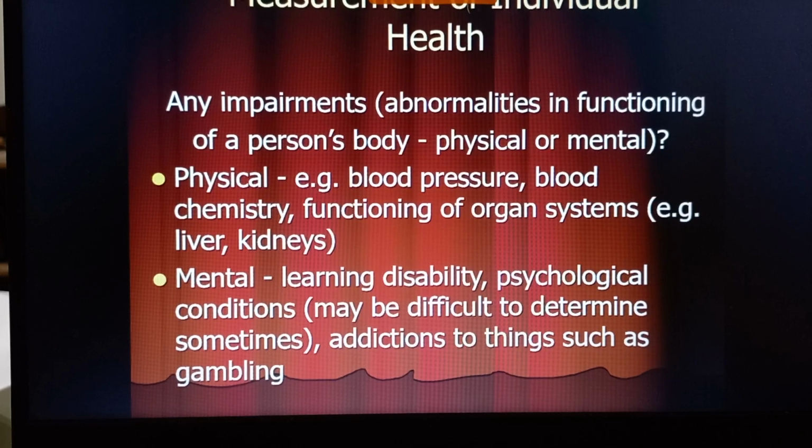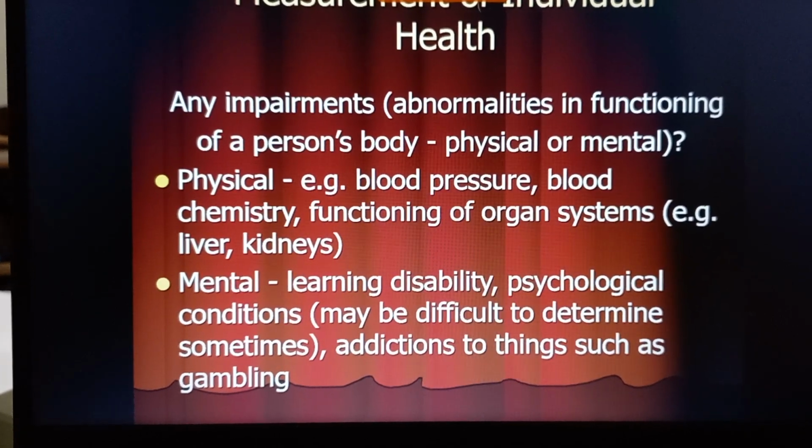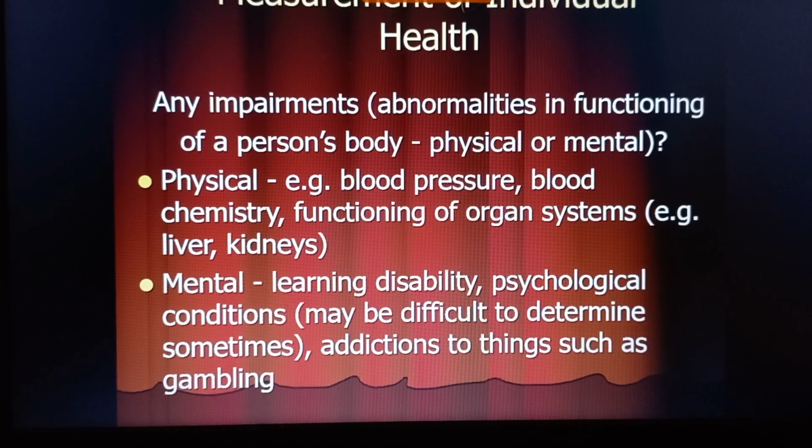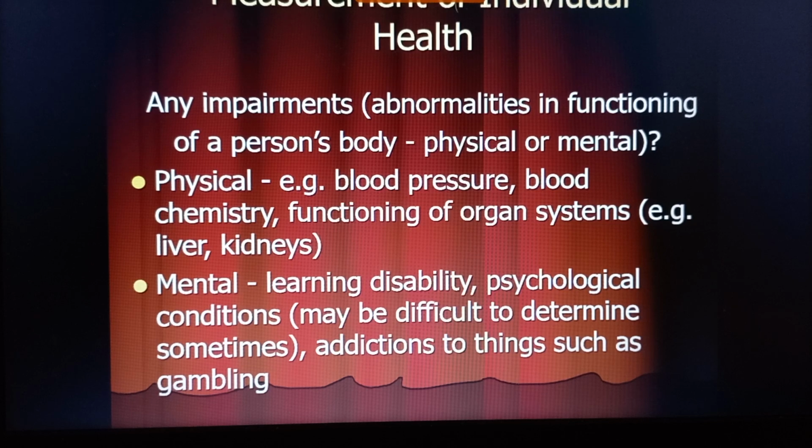Physical health, example, you measure in terms of blood pressure, right? So ideally our blood pressure should be 120 over 80, right? 120 is systolic blood pressure and 80 is diastolic blood pressure. Our blood chemistry, is it abnormal, right?